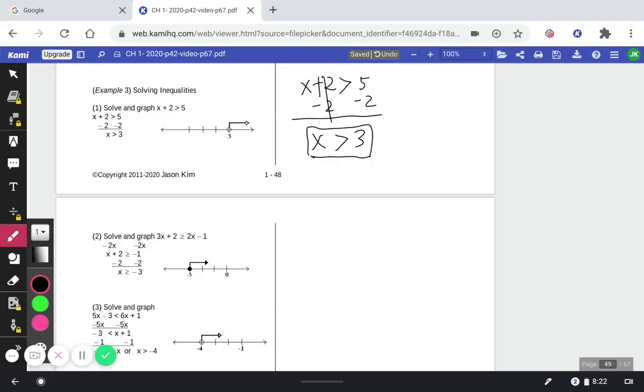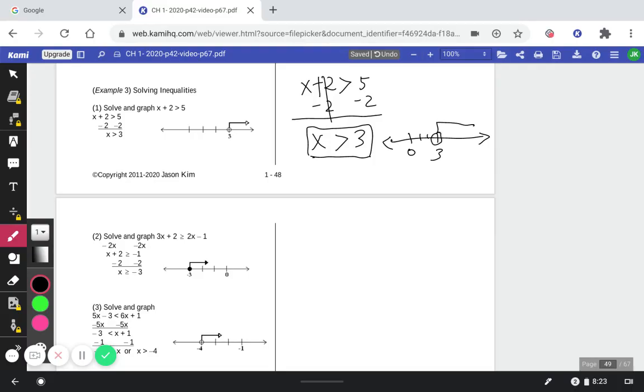So that becomes the solution of this inequality. Okay, and because you don't have only one value, you have a range of values, you cannot write all of the numbers. So that's why you express it in this format. And then the way you draw a graph on the number line is always try to indicate the 0 and 1, 2, 3. Here 3 is the critical point. It's bigger, not including it, so you use an open circle.